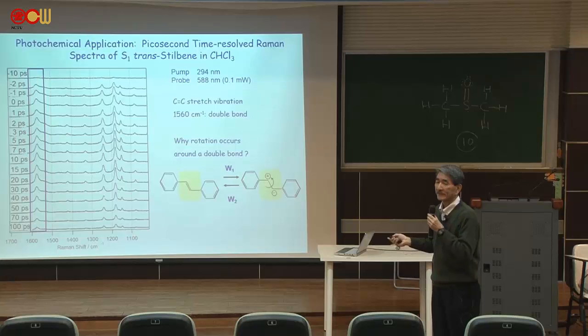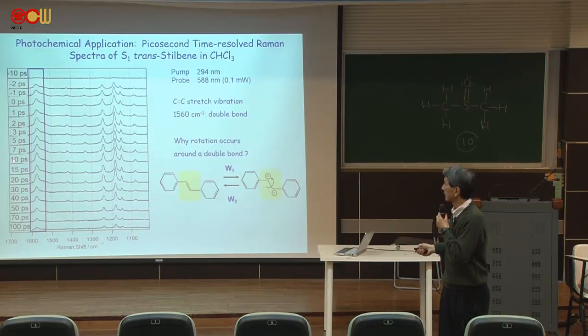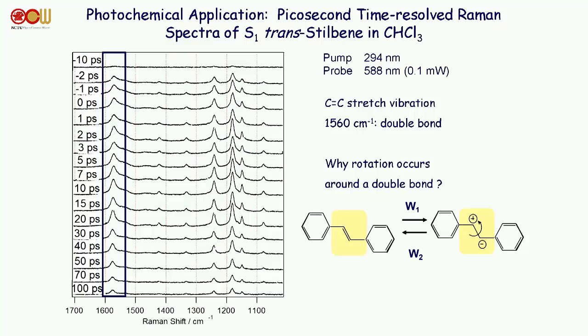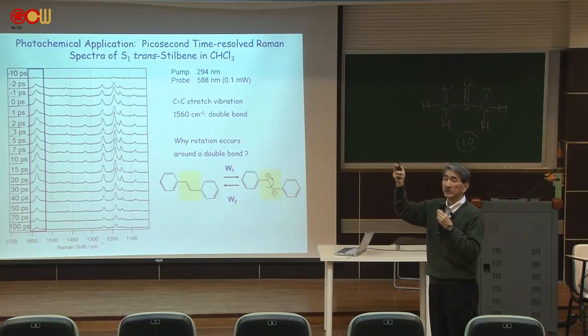is just the photoexcitation. And what happens after 2 picoseconds, 3 picoseconds, 10 picoseconds, 30 picoseconds, 50 picoseconds, after the photoexcitation? So by doing this, you can tell what kind of changes occur after the photoexcitation of the molecule.